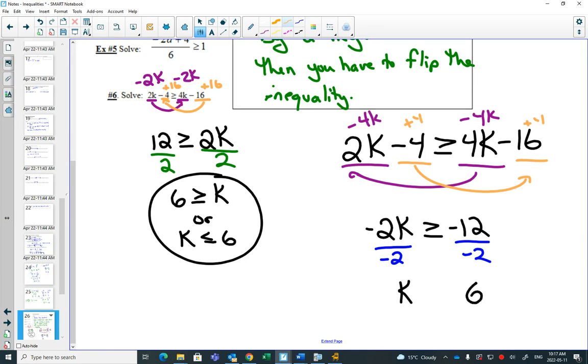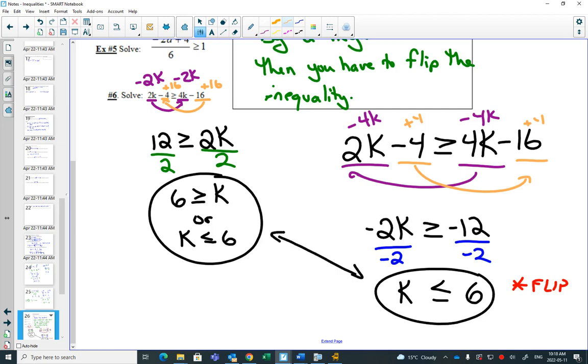But since you're dividing by a negative, what do you need to do to the sign? Flip it. But notice that it ends up with the same answer. So depending on which way you go about it, you get the same answer.